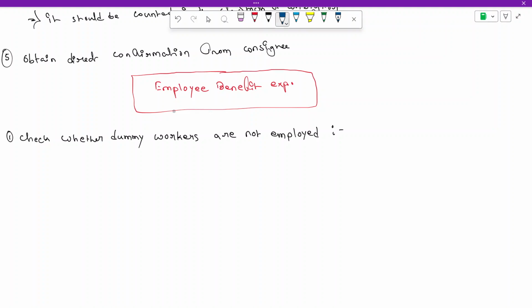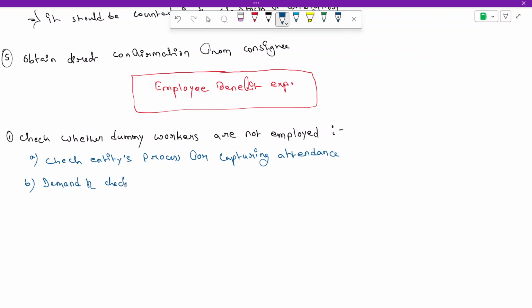And how do you check that? Check the entity's process for capturing attendance. Demand and check ID proof.